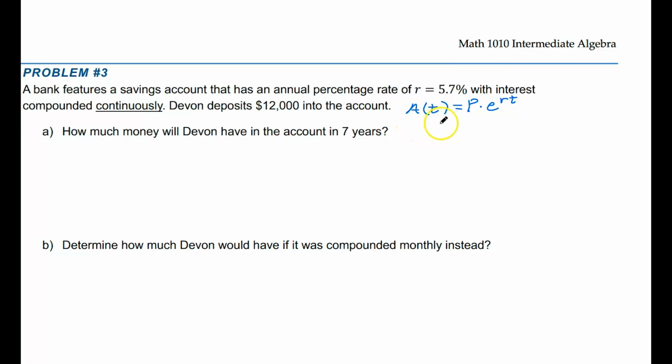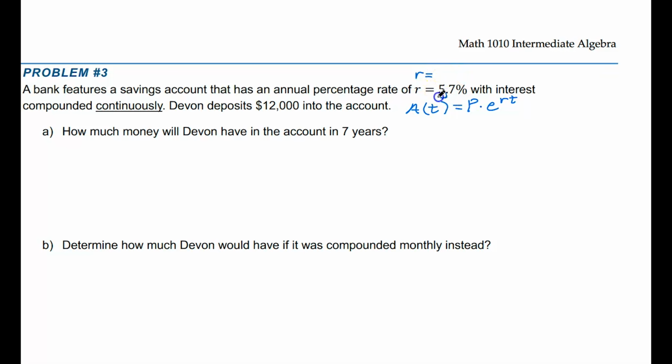So that formula for compounding continuously is A of t equals P times e to the rt power. We know that our interest rate is 5.7%, but we need to write that as a decimal before we put it into our equation.